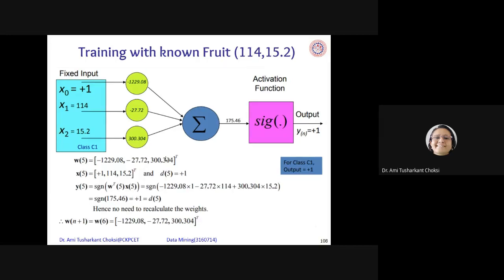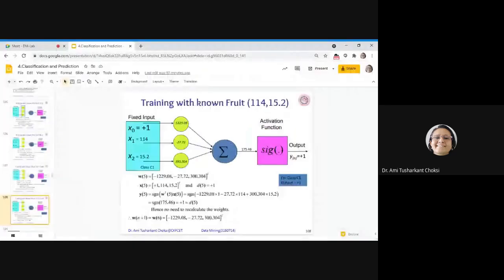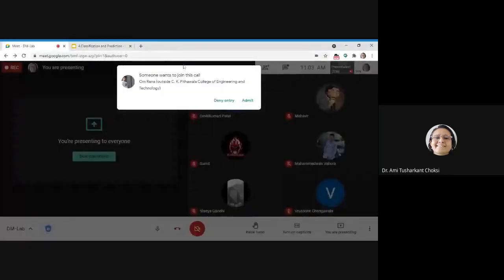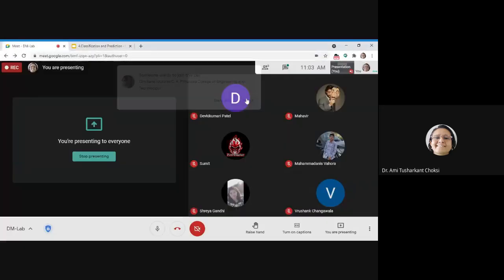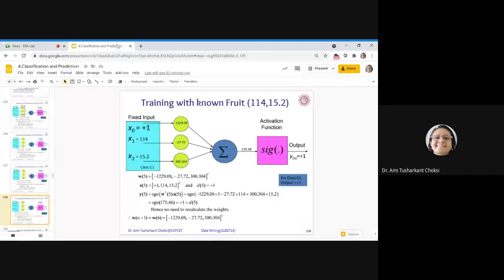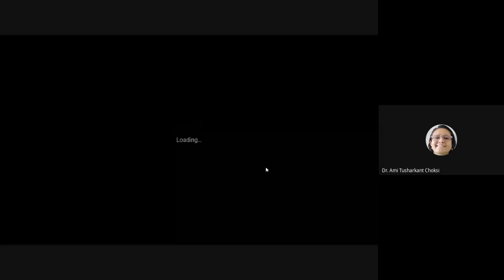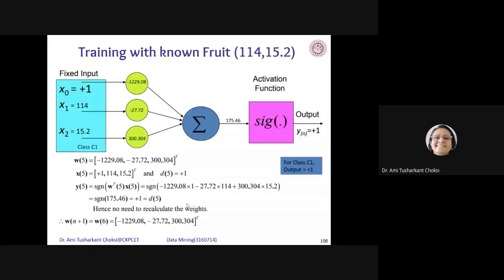Both the outputs are the same, so we need not recalculate the weights.